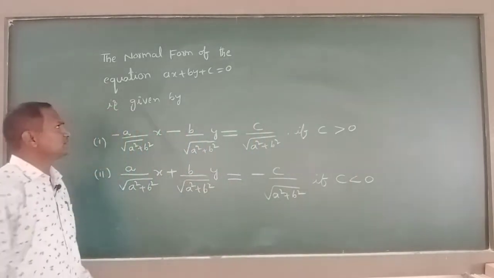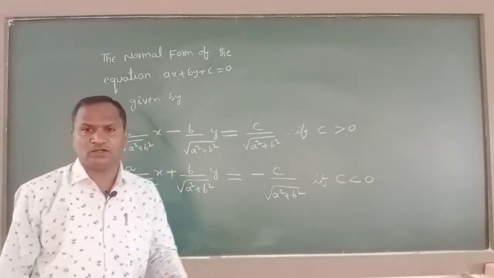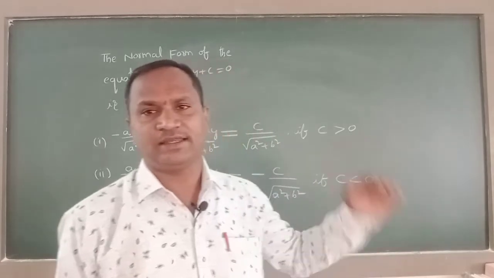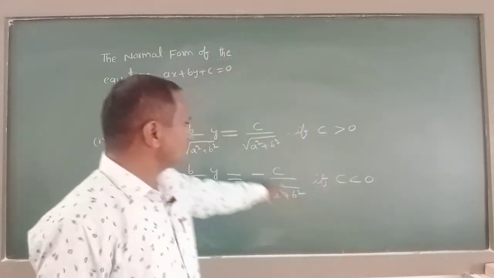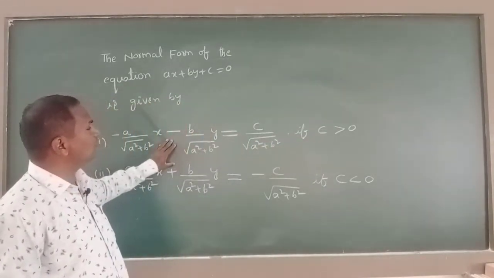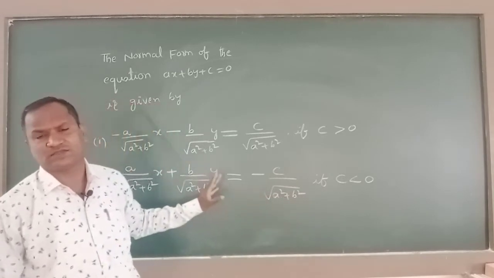We apply these two formulas to find the normal form of the equation of the line ax plus by plus c is equal to 0. If c is greater than 0, we have to apply the first formula. If c is less than 0, we have to apply the second formula.